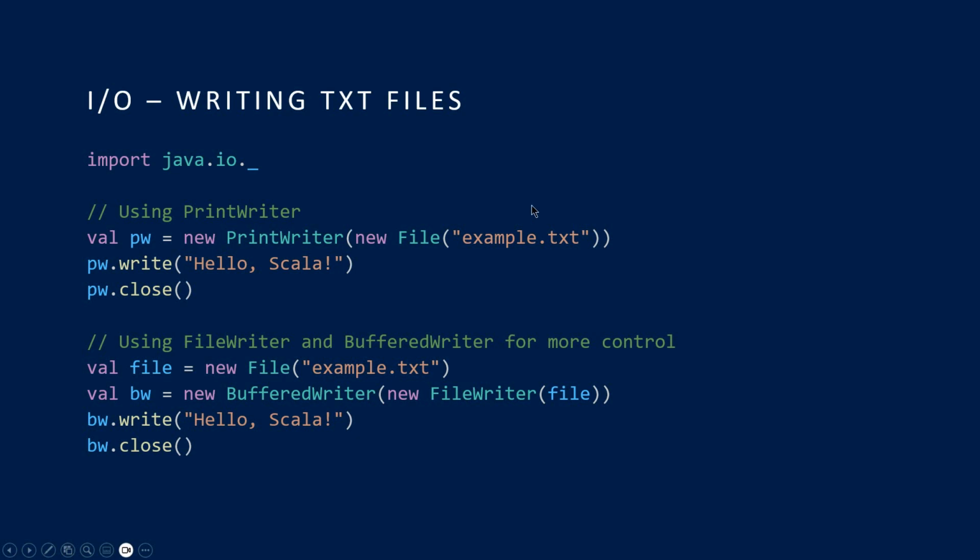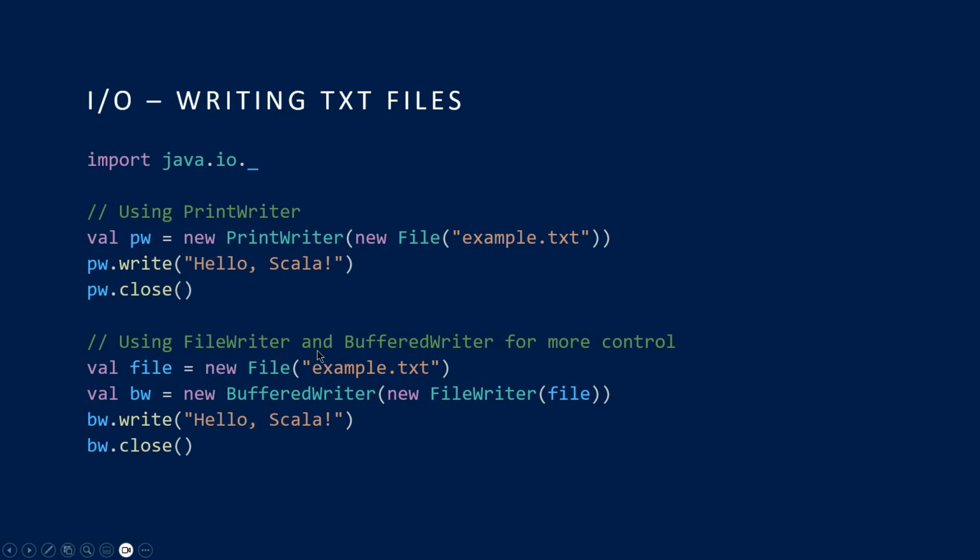So this new File instance example.txt, which itself feeds into a new PrintWriter instance called pw. And then I can write to pw and I can close it. So I'm just writing hello Scala.